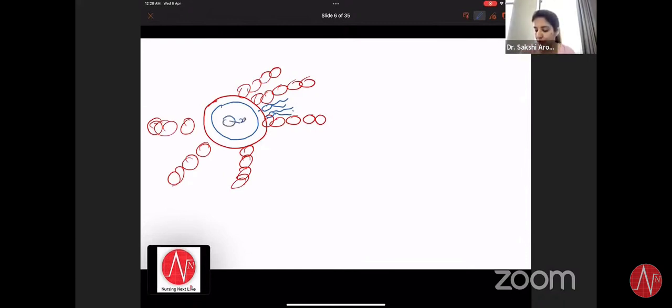So this over here is secondary oocyte. इनमें से एक स्पर्म एंटर करता है. जैसे ही एक स्पर्म जोना पेलिसिडा को क्रॉस करता है, वैसे ही ये सेकेंडरी oocyte चेंज हो जाता है इनटू ओवा.